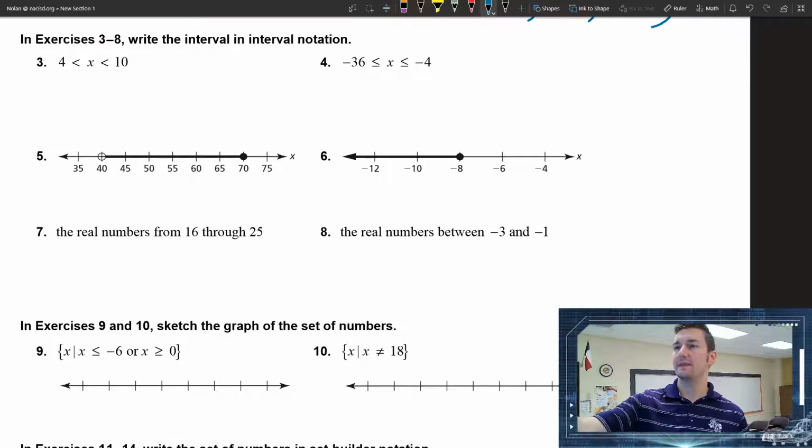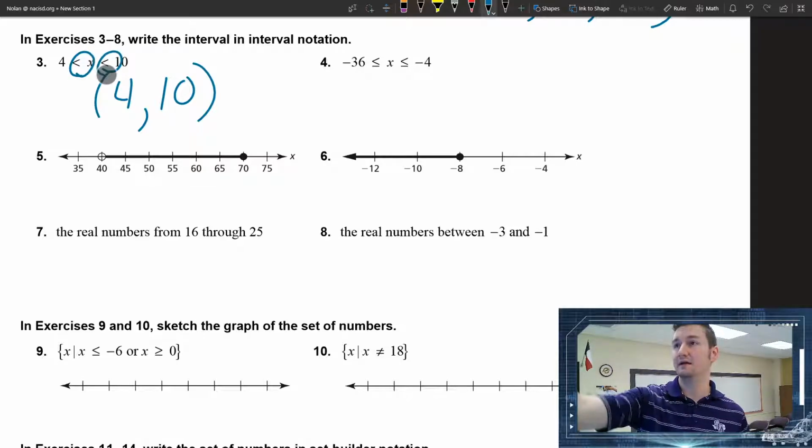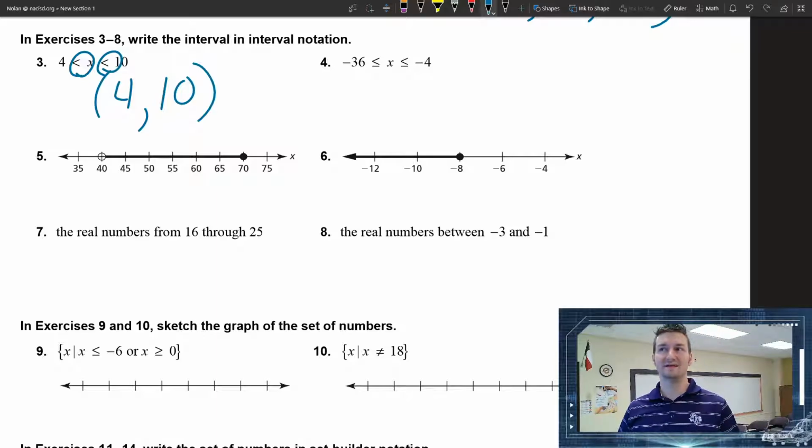So 4 is one of our endpoints, and 10 is one of our endpoints. Notice I use parentheses because these are less than signs, but they're not less than or equal to signs. So they don't include the 4 and 10. They exclude them. That's why we use the parentheses.